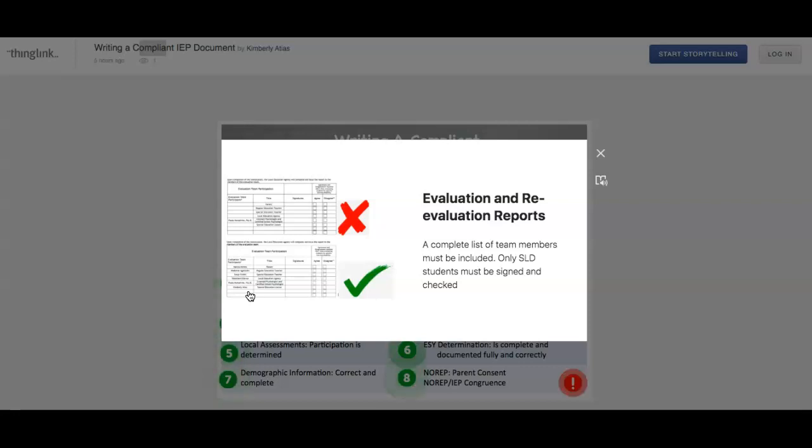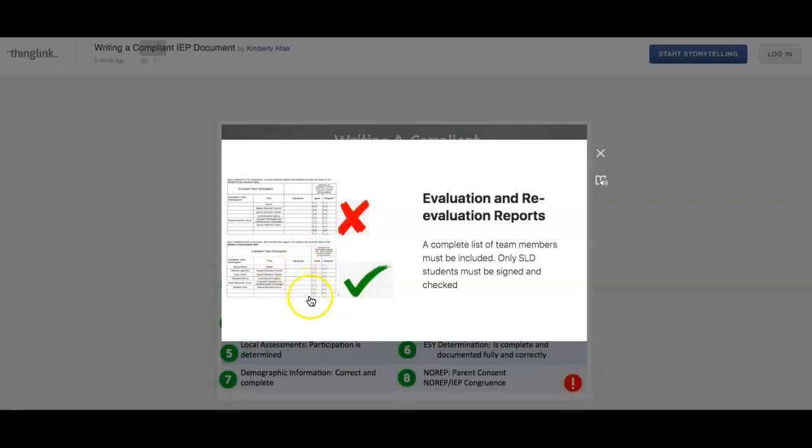While it is required to have all parties sign the document, it is also required that parties indicate whether they agree or disagree with the evaluation outcome when a scholar is classified with having a specific learning disability as well.